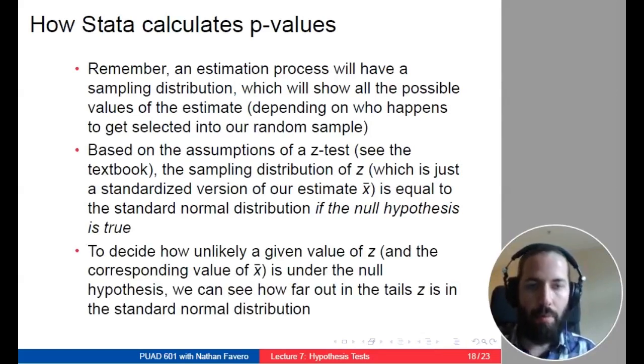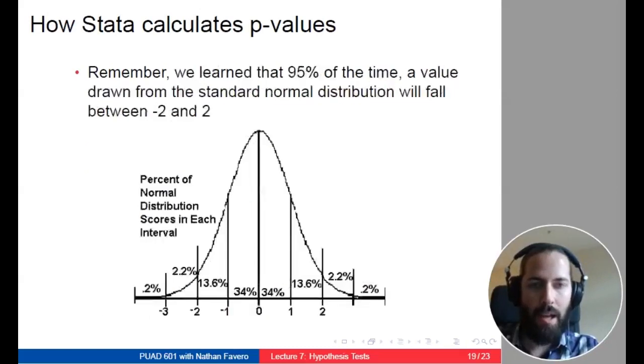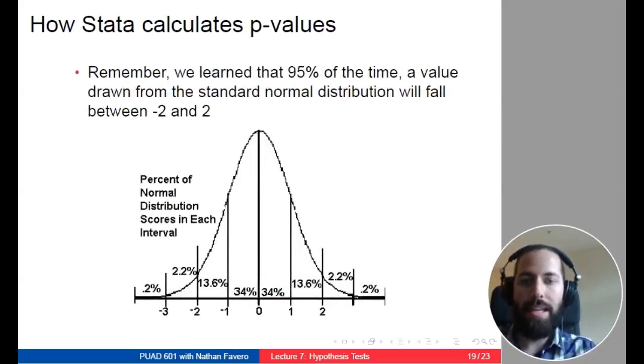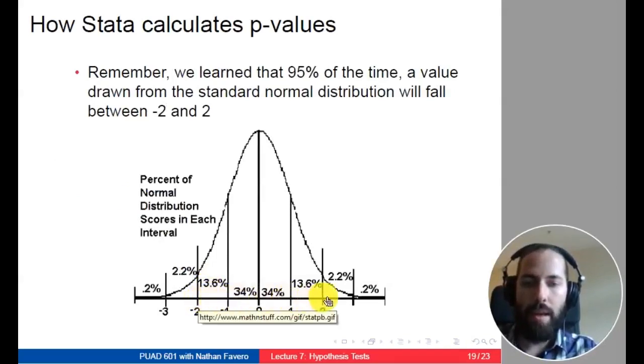As a result, we're going to think about how unlikely it would be for us to get a z-score of 0.6 in the standard normal distribution. In other words, how far away from the null hypothesis are we relative to all the possible estimates that we could reasonably expect to get if the true population mean is 50? And so if we go back to the standard normal distribution, you'll remember that we said 95% of the time we get a value between -2 and +2, something in this range.